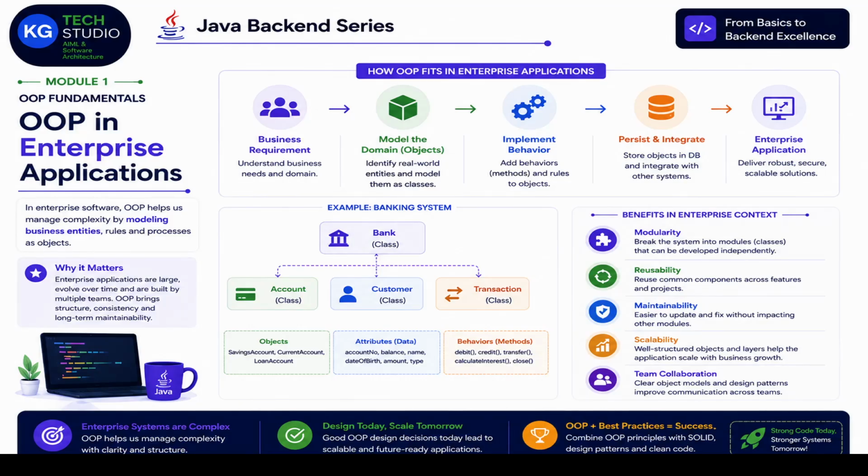Then we persist that data in databases to maintain data integrity. Then we deliver those applications, combined into deployable jars, and put them on the cloud or some servers, so the software is available for end users. So this is the basic life cycle for enterprise applications.